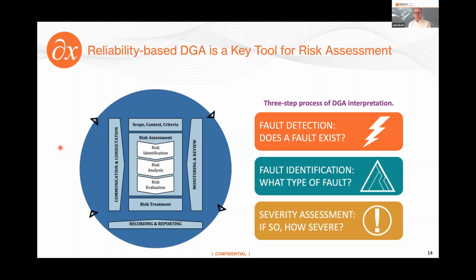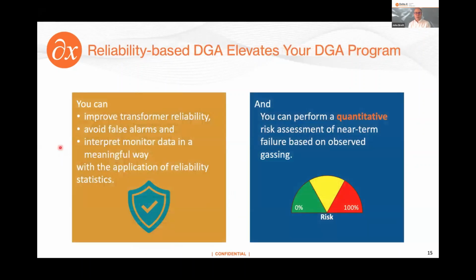And if it's done right, it can be highly effective at improving the reliability of your fleet, making sure your maintenance resources are applied to the right places, and it can also be applied to your online DGA monitors of all gas combinations, such that you're getting the most out of your monitors and the most out of your precious maintenance resources.